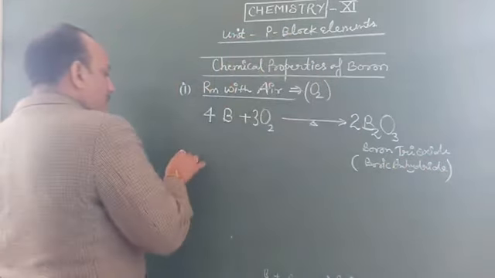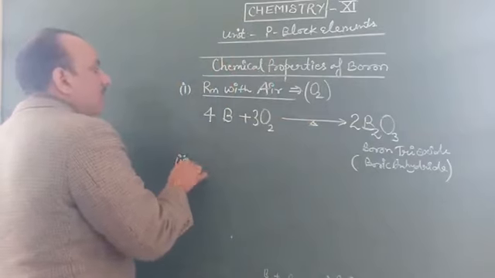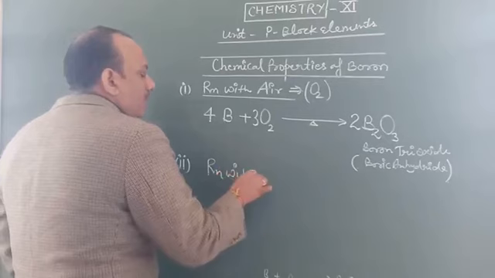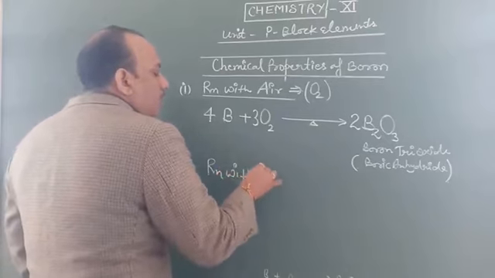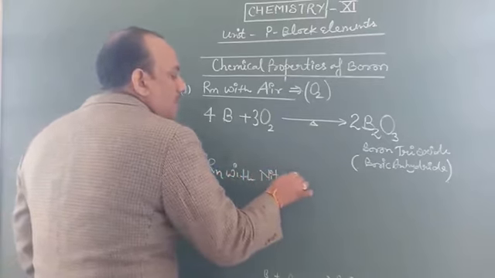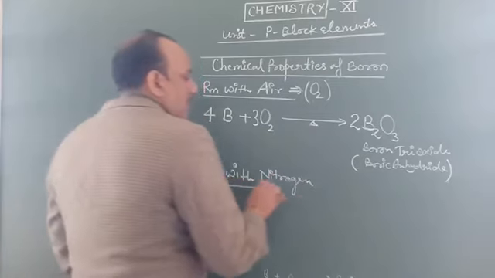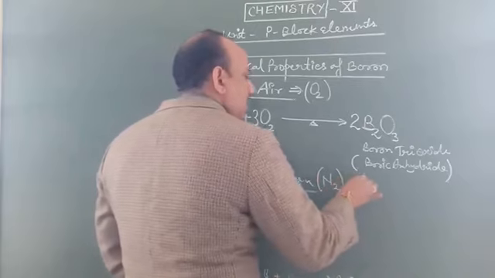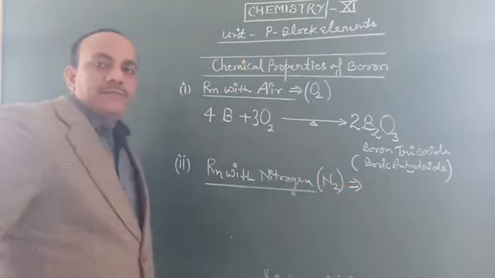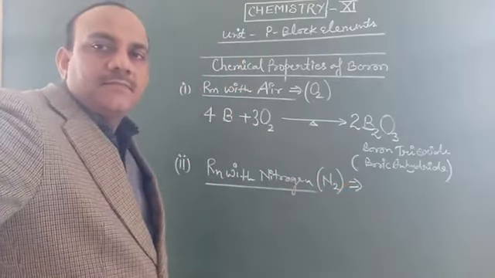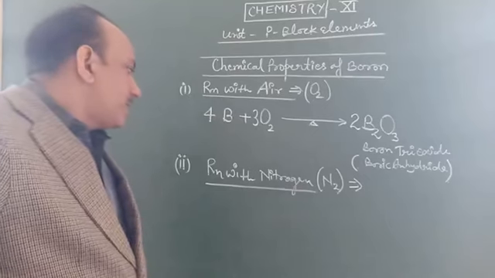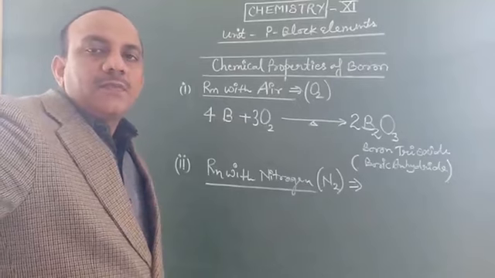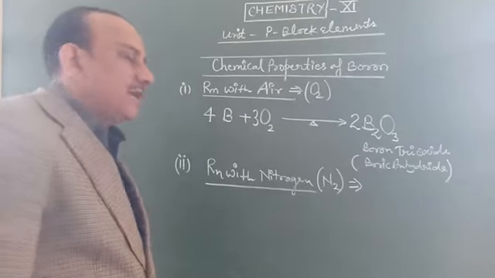Now second property, reaction with nitrogen. Its form is known as dinitrogen. Students, when boron is heated with dinitrogen, it makes boron nitride.